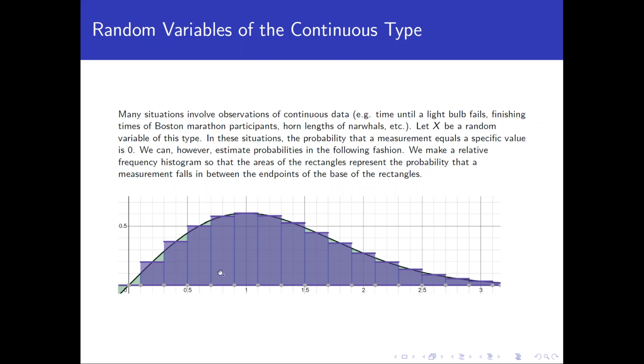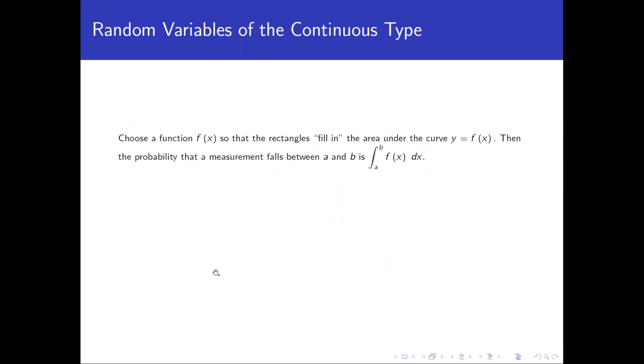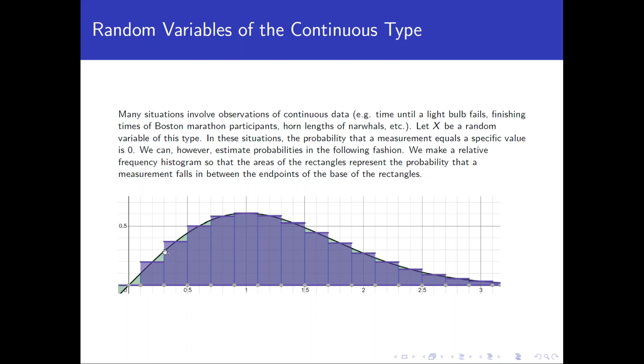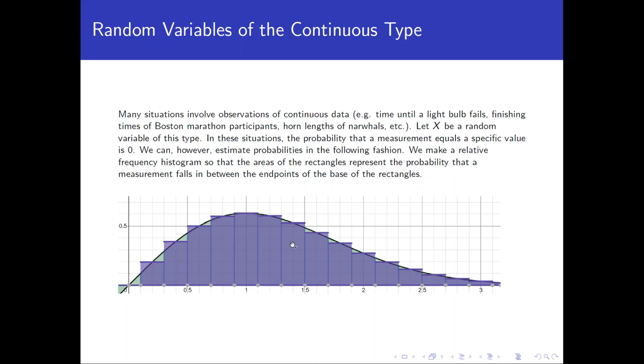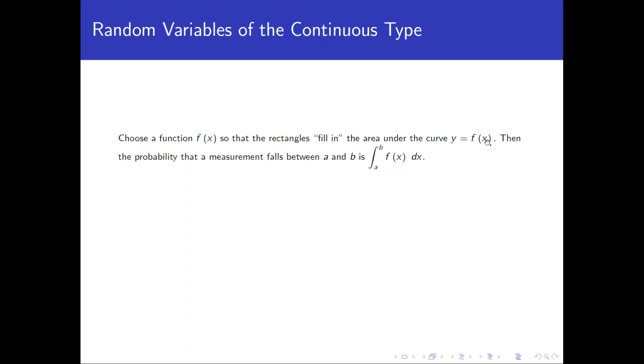Okay, so let's choose that f(x). Going back a screen here, choose that f(x) that goes through those rectangles. So that's what I mean by choosing f(x), so the rectangles fill in the area under that curve. Well, as we get more and more rectangles and go into that function, we know that more and more rectangles is going to approach the area under the curve.